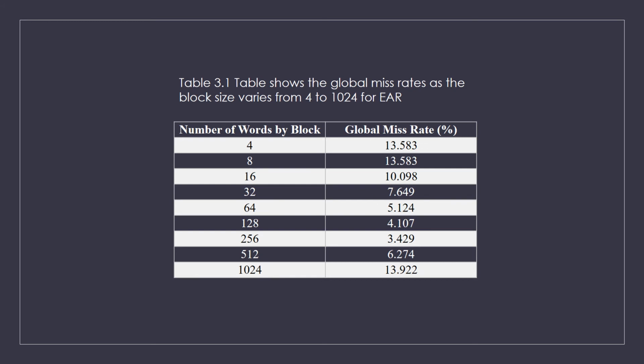And starting from number of words by block equals to 512, it started to increase again to 6.274%, and at 1024 number of words by block, it increased to 13.922%.